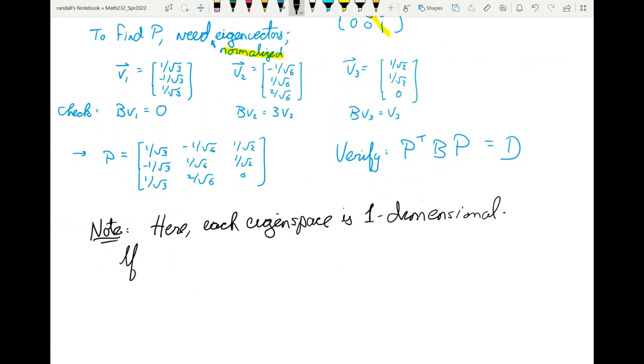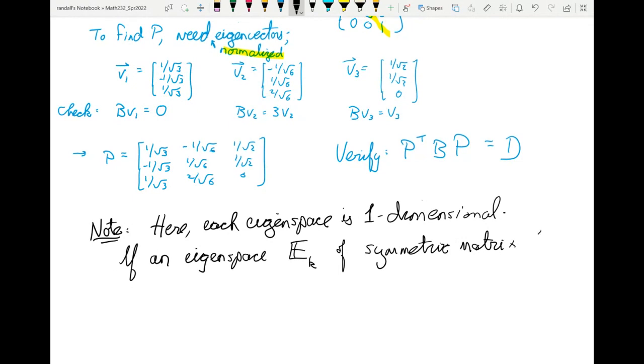If an eigenspace, so I'm talking about some other situation, let's say E_k of a symmetric matrix. This one was called B, right? So let's just say A now. Is say dimension, what letter should I use? M, bigger than 1.